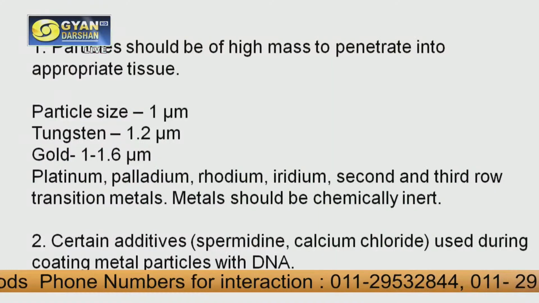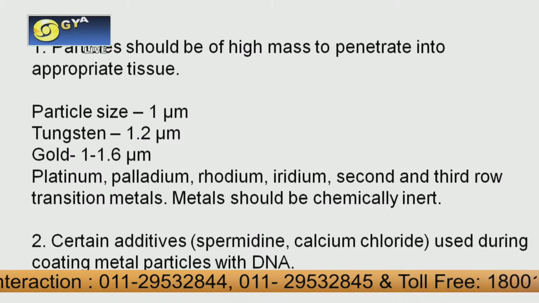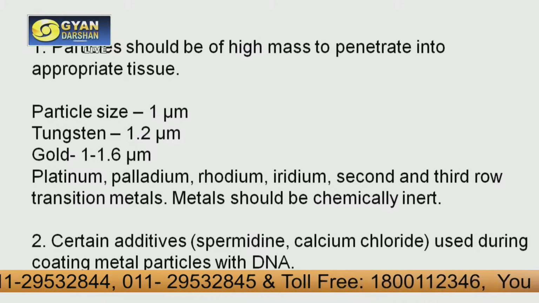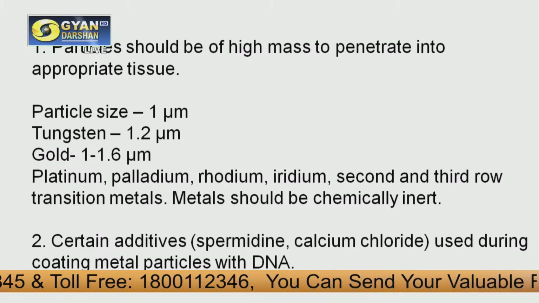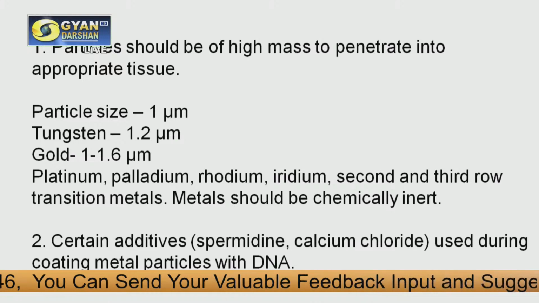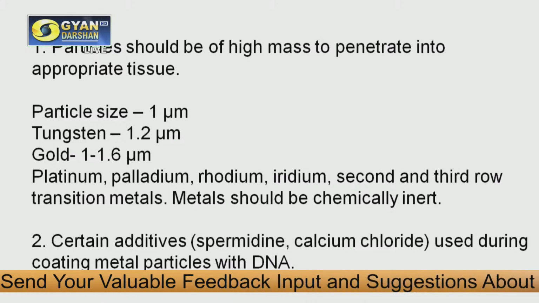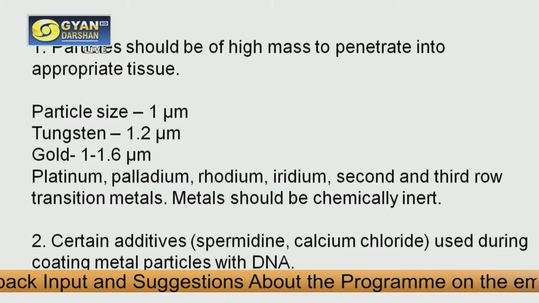Some of the points to remember while operating this system: the particles should be of high mass to penetrate into appropriate tissue. The particle size: tungsten 1.2 micrometer, gold 1 to 1.6 micrometer. In place of tungsten and gold, you can also use other particles, though they are not that commonly used, like platinum, palladium, rhodium, iridium, second and third row transition metals.